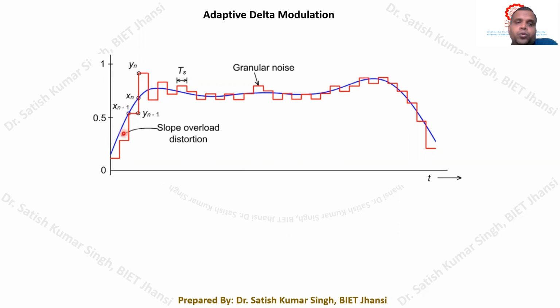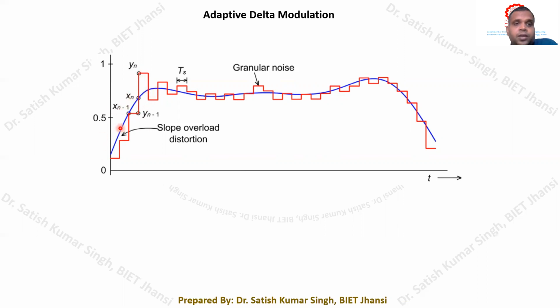Therefore, to accommodate this steep change in the message signal, the step size of this delta modulator is also large. Here we have a very large step size to accommodate this steep change.